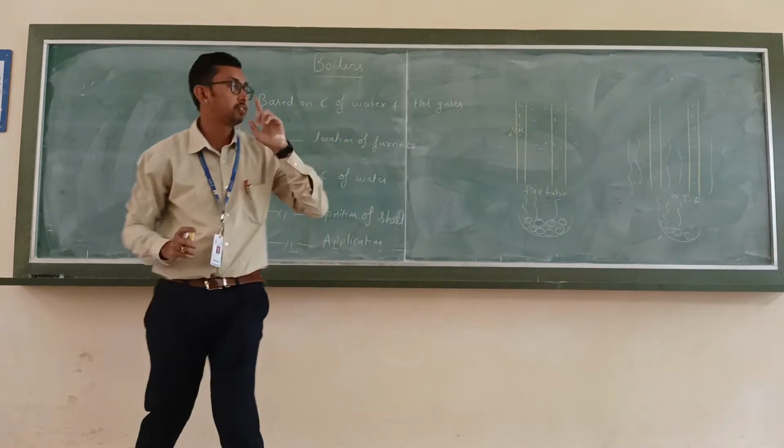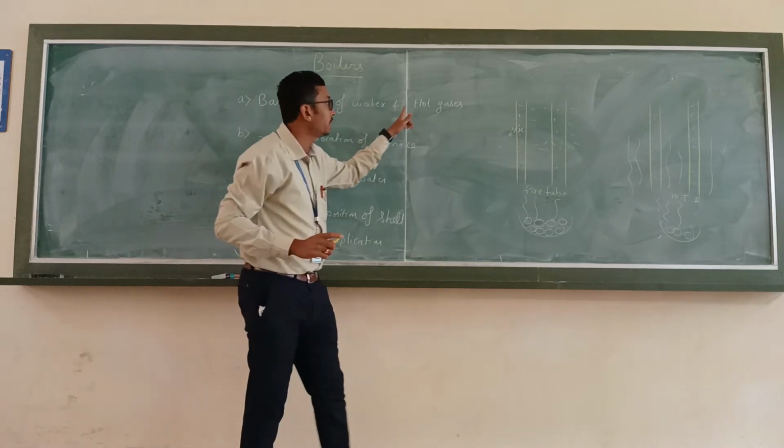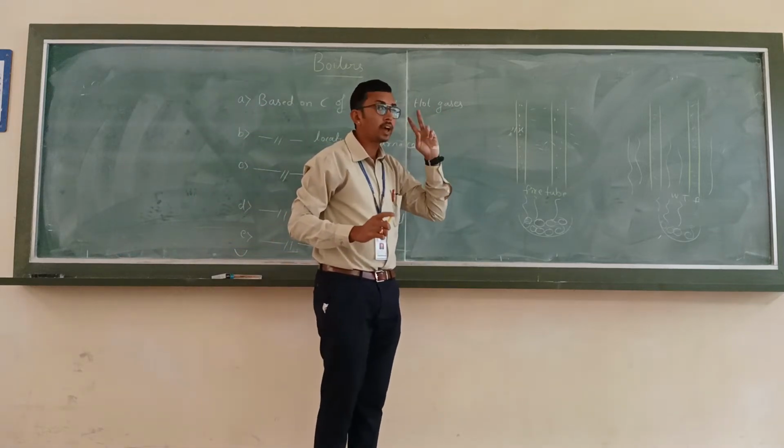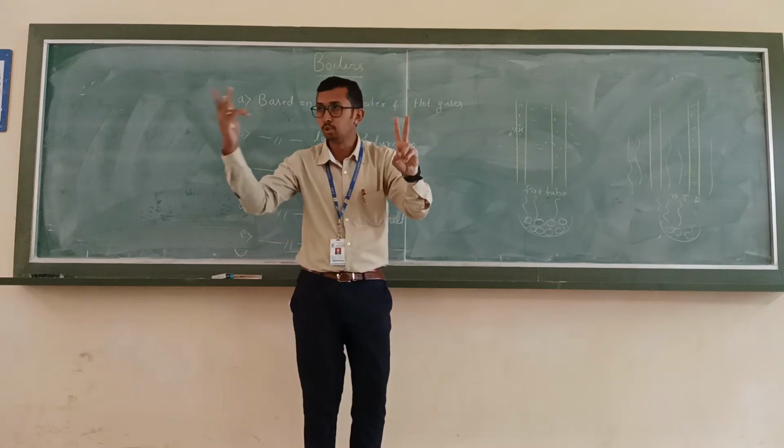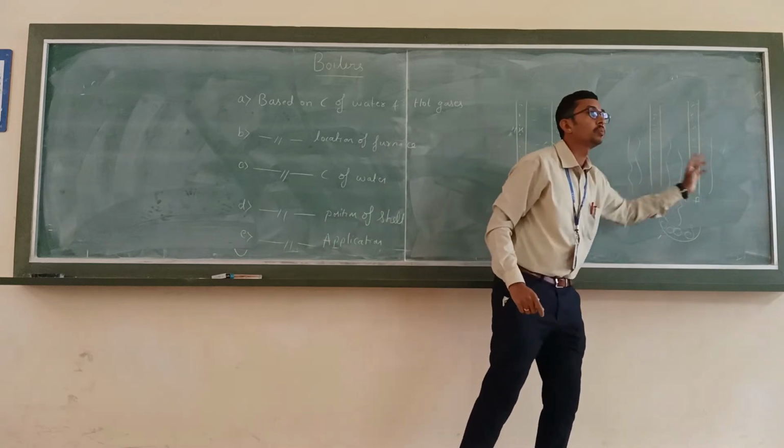So based on the first classification, circulation of water and hot gas, we have two types: fire tube boilers and water tube boilers.